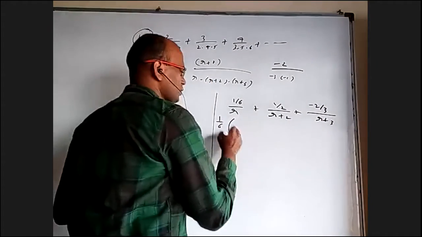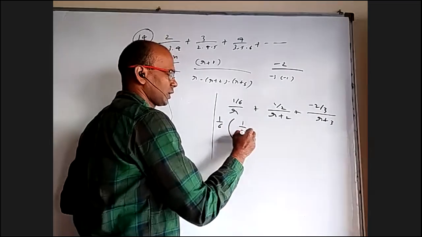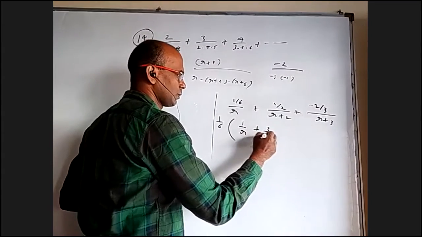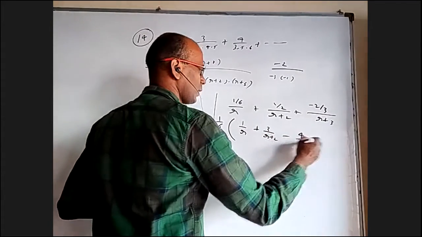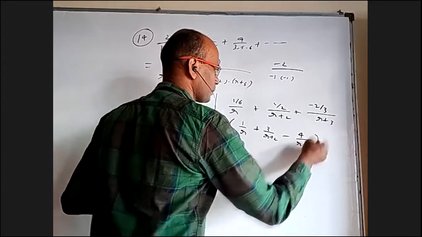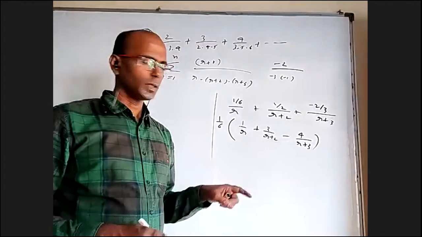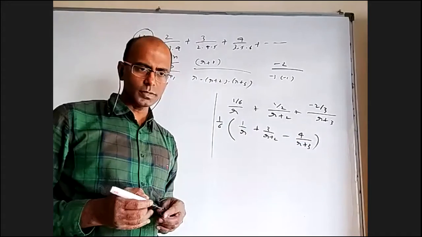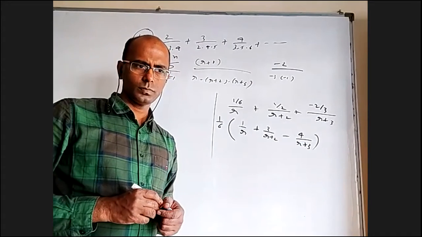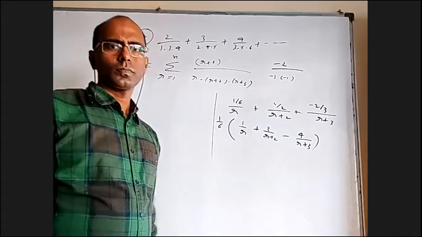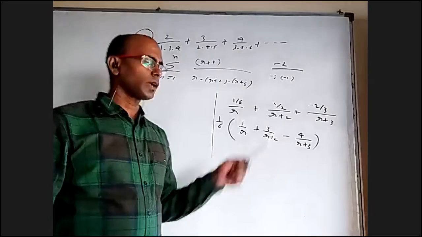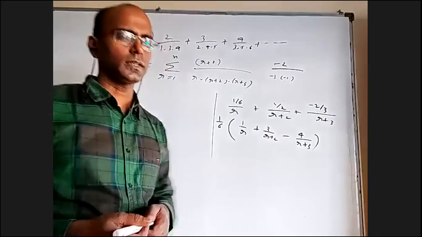When I take 1 by 6 common, this will be 1 by r, this will be 3 by r plus 2, this will be minus 4 by r plus 3. You can see here also that this plus this and this is 0. Am I right? Yes, sir. That is the purpose, so that a lot of things will cancel.